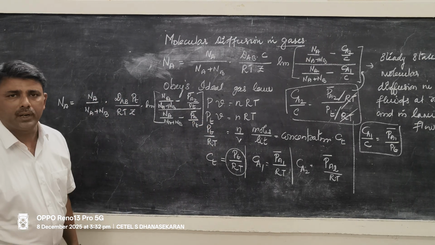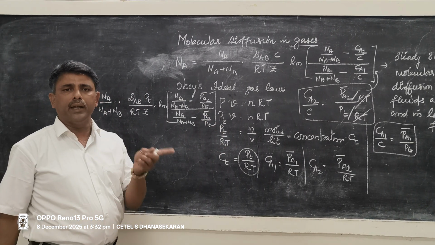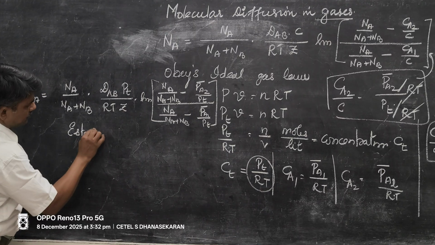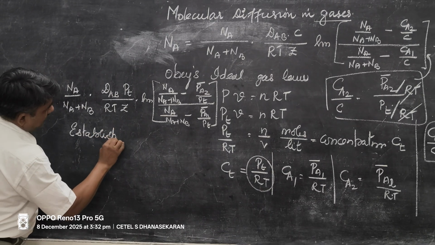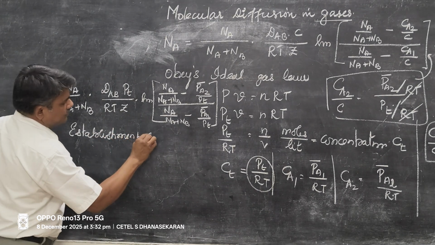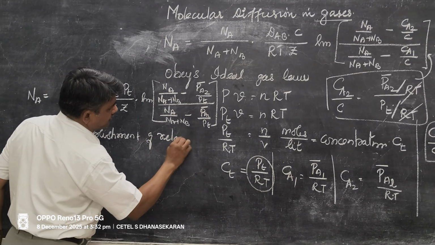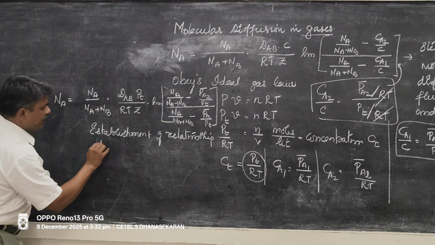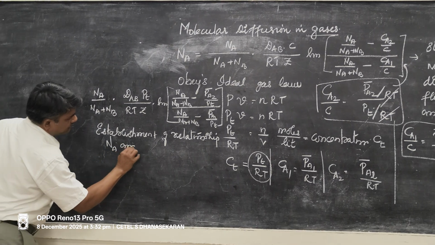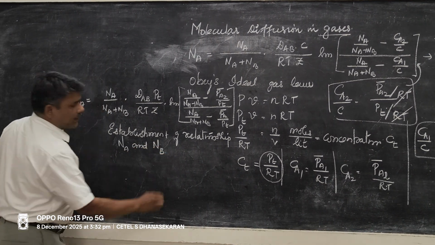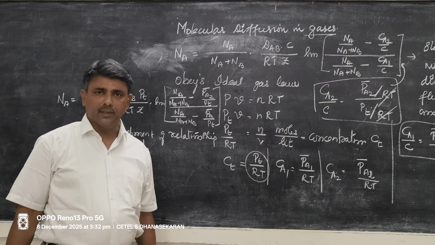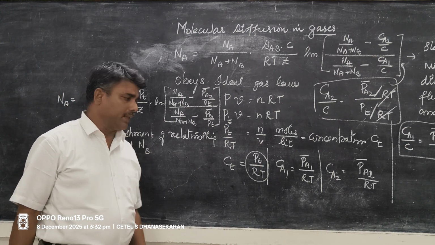Now establishment of the relationship between NA and NB is essential. Now let us have a simple example: catalytic cracking of methane.